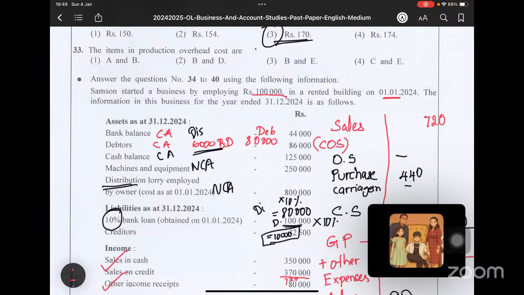And can you see here, distribution lorry employed by owner, 800,000. So this also he has provided, on the first. So both together will be the capital employed on this date. So how much is the capital employed? 900,000. Good.